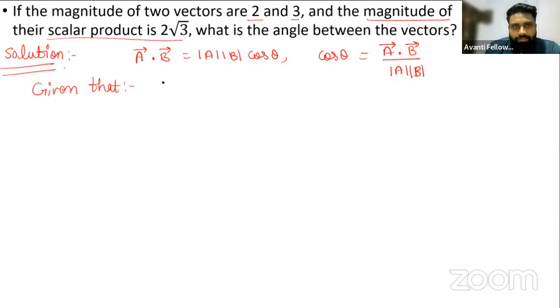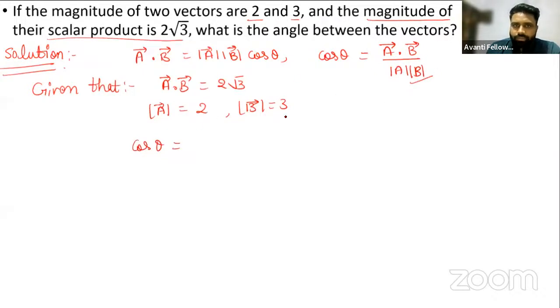Which means here A dot B is given to us as 2 root 3, and magnitude of vector A is given by 2. Let me consider the first vector is A, and magnitude of vector B is given as 3. Now, cos theta is equal to A dot B by magnitude of A and magnitude of B.